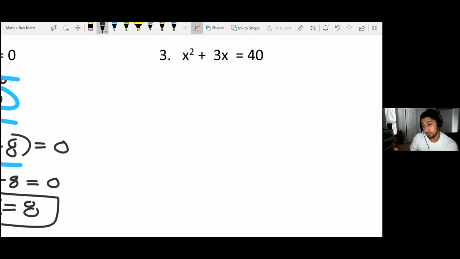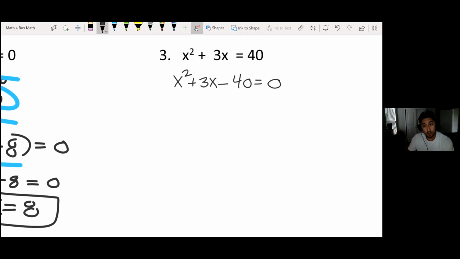Okay, which means to put it in the proper form, take 40 and subtract it to the left. x squared plus 3x minus 40 equal to 0. Now we have to think of what factors of 40 can make 3.